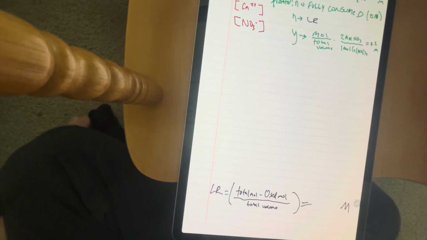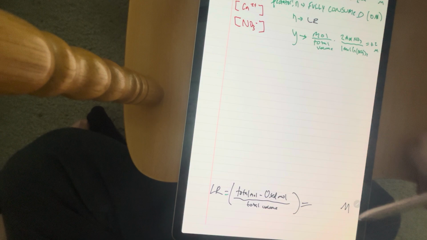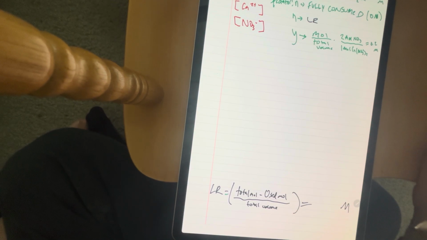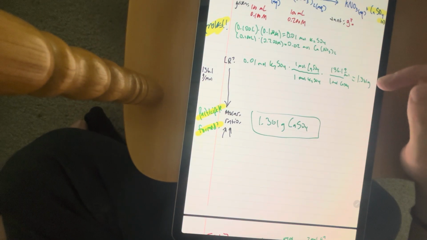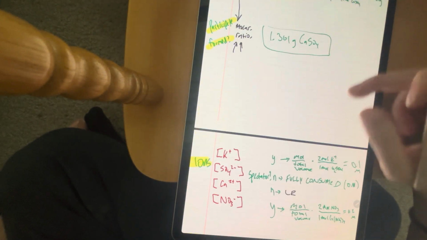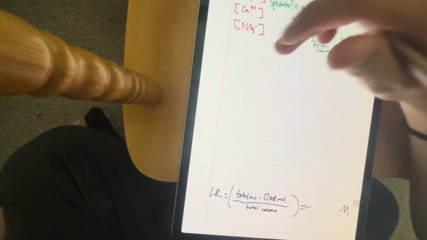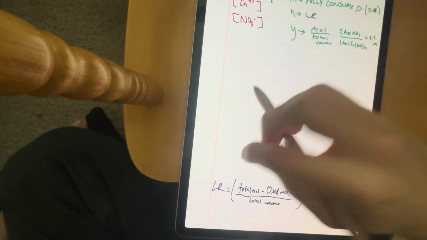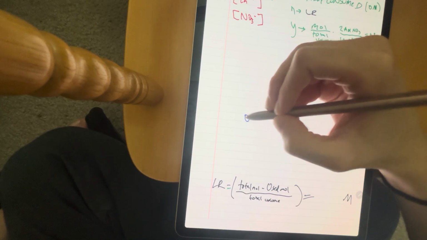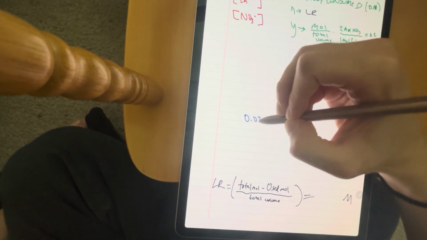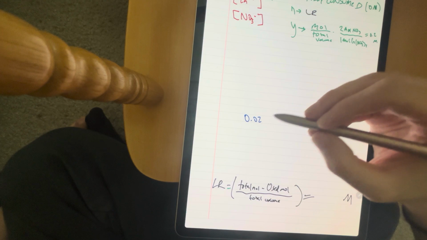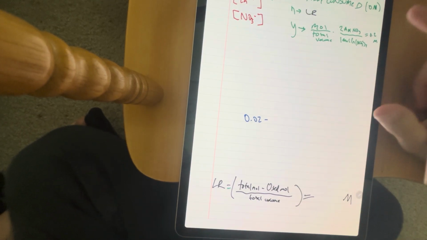It's just as always, back in the olden days: total minus used divided by the total volume is going to give us our molarity. So our total, if we go up to the Ca, is 0.02. Let me use a different color here just to color code it for y'all's eyes. Our total is going to be minus how much is used. That's the question of the day, isn't it?